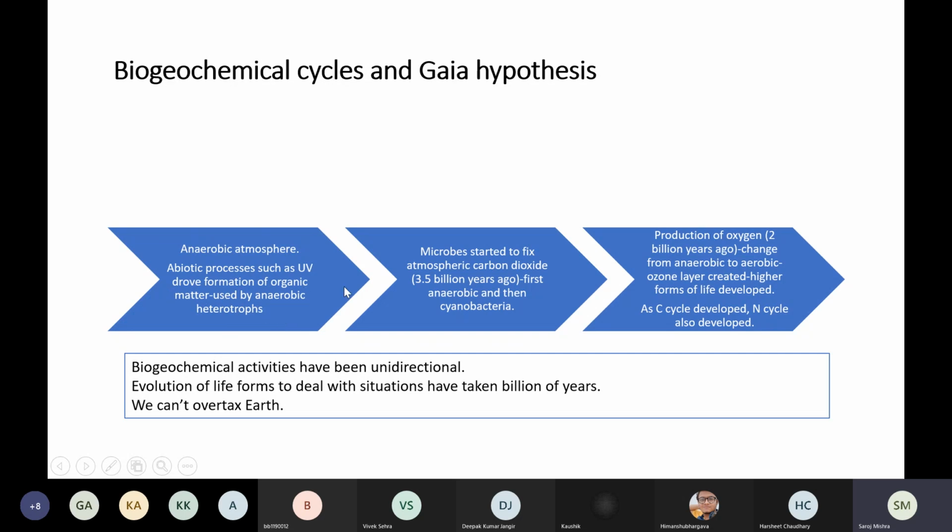As the earth evolved, microbes arrived which started to fix atmospheric carbon dioxide, the photosynthetic microorganisms. Initially these were all anaerobic, because a lot of bacteria carry out photosynthesis in the absence of oxygen.